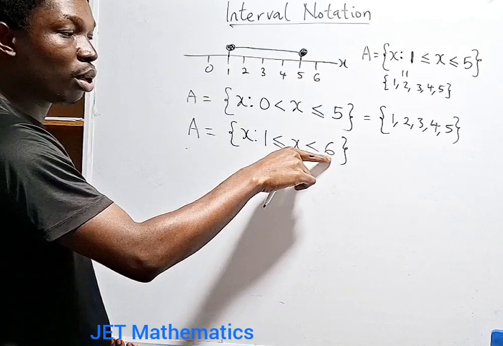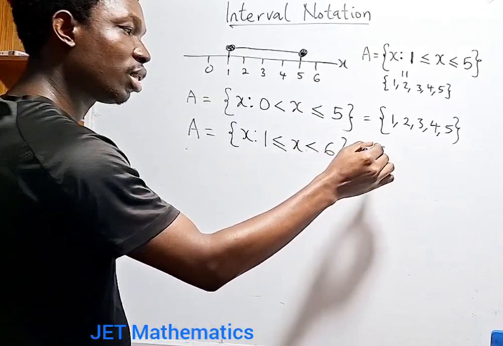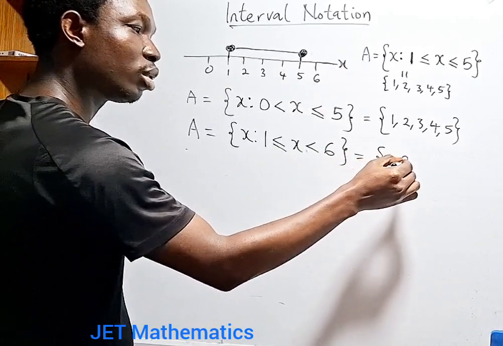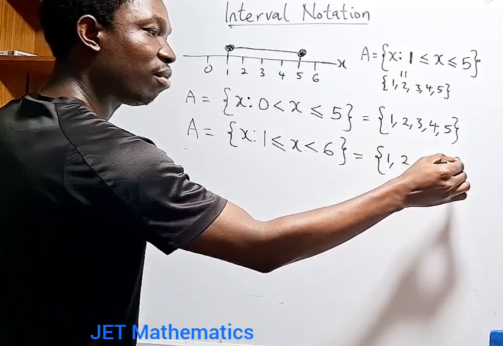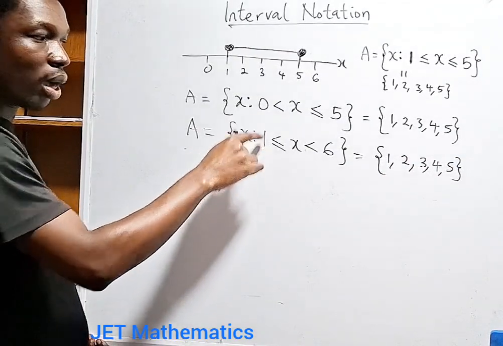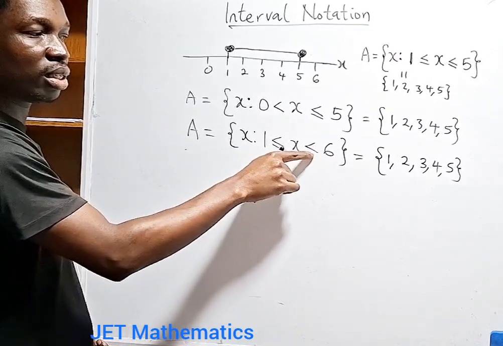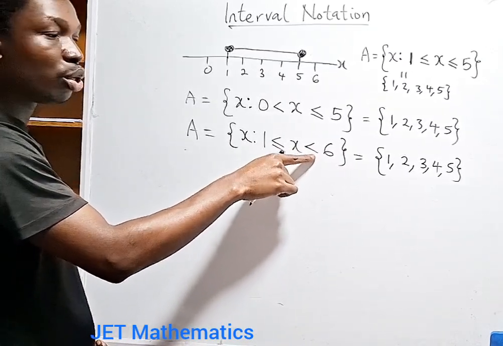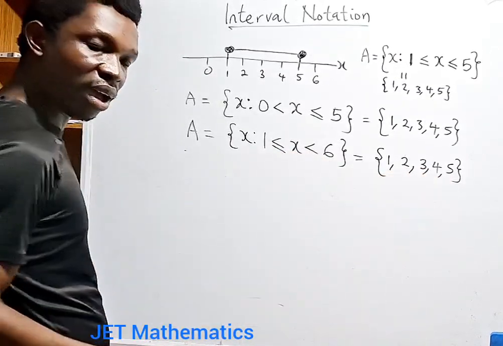So we'll stop at the number before 6. So this is 1, 2, 3, 4, and 5. The same set. Look at it. 1 is inclusive because of this line, but this other side does not carry the line. So 6 is not inclusive. So we'll stop at 5.